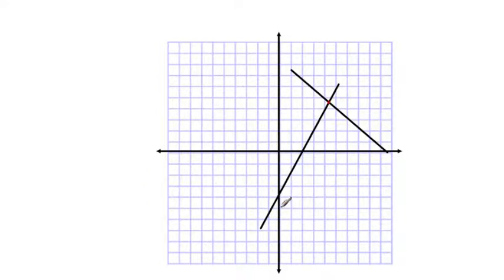Clearly this point is not on a grid line, which means that our solution will not be integer values. So when we actually list our solution, we're going to have to estimate. It appears that we're going to go over 1, 2, 3, 4, a little bit more than 4 on the x-axis. Maybe not quite a half, so you might say 4 1/4 or 4 1/3. I'm just going to go ahead and say 4 3/10 here for the x.